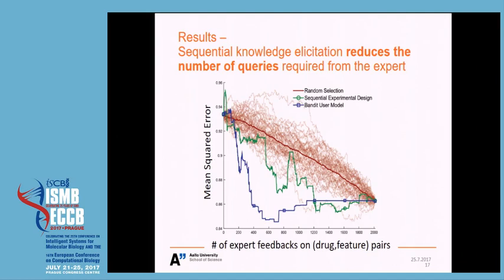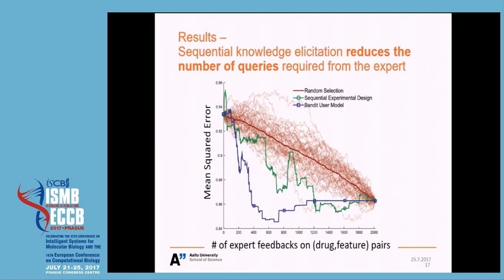But you can go much faster to better prediction if you use this more intelligent way of choosing the queries. Both sequential experimental design and the bandit user model are significantly better than this randomization here.